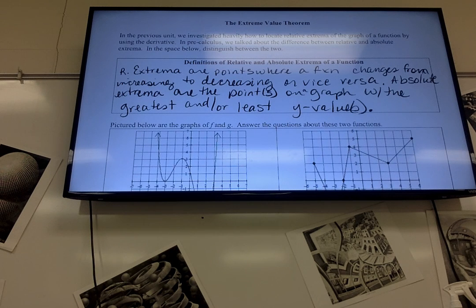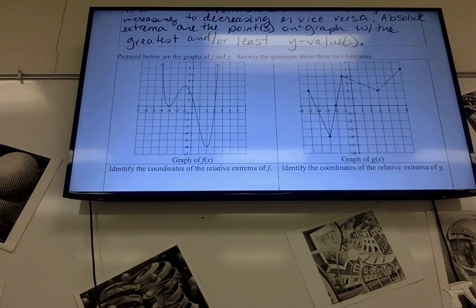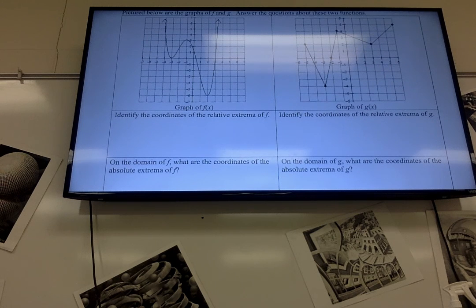Okay, so let's look at this picture. We're going to find, if we have them, relative mins or min, and relative max or maxes. Any mins? (-3, 0).